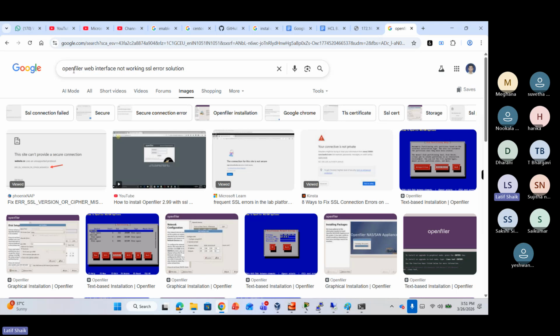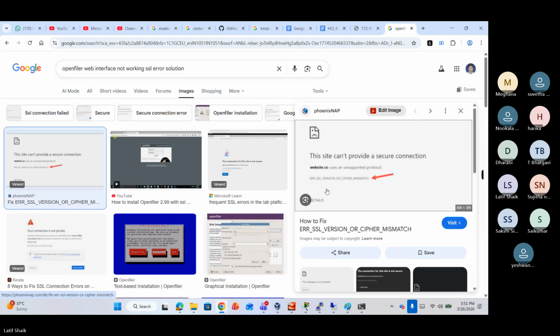When I used it many years back, like 4-5 years back, it was working good, no problem. For the last 3 years, I'm getting one problem. It is showing an error like this when I open the appliance: SSL version or cipher mismatch. The encryption is based on SSL, when you are accessing an HTTPS website.